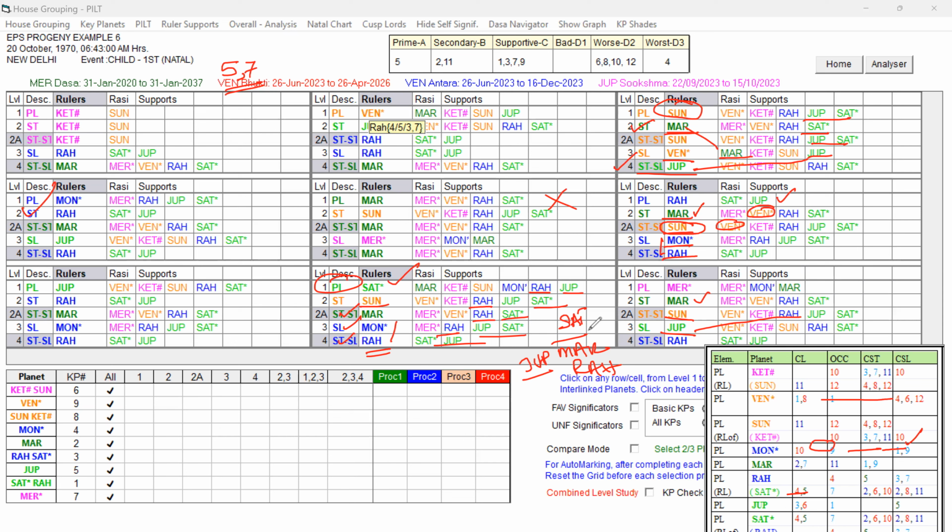So all the favorable key planets, whatever we were discussing, Mars is present, and Jupiter is present, and Rahu also present, and Saturn is present in the supports. So that way all the planets are ruling, and all the good key planets are in the supports also.